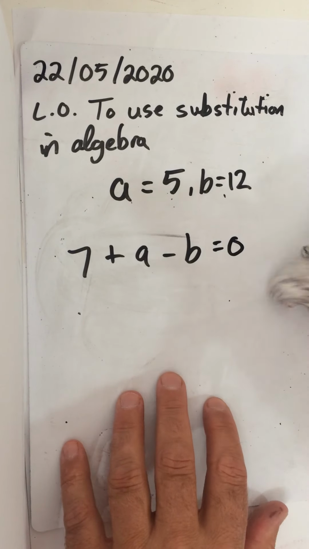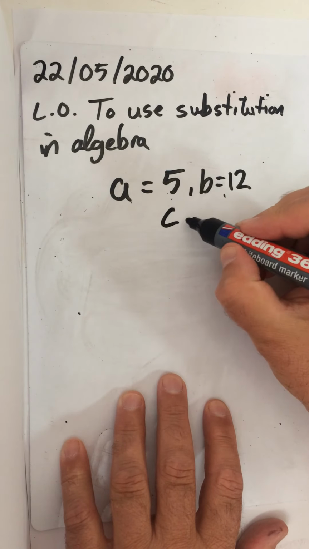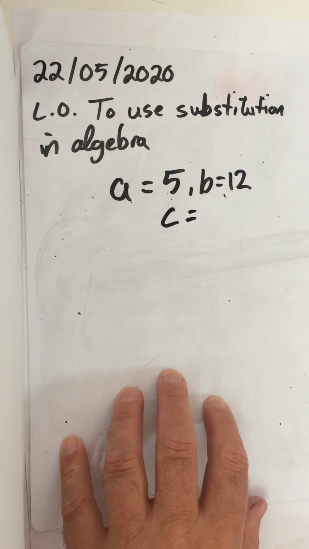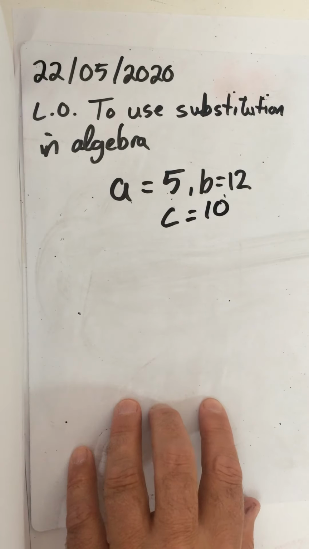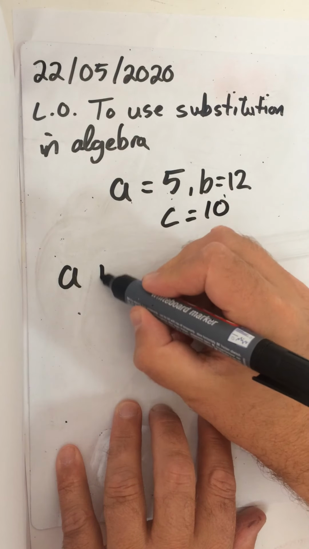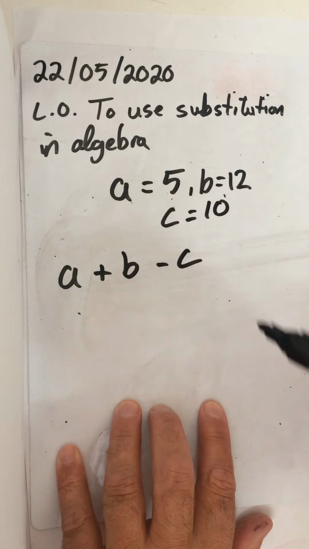Okay, you can add in another one if you want to. Then you can add in c. Let's make c equal to 10. So you can have a plus b minus c.